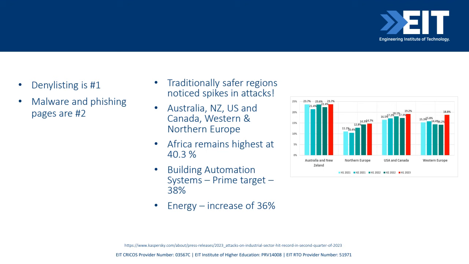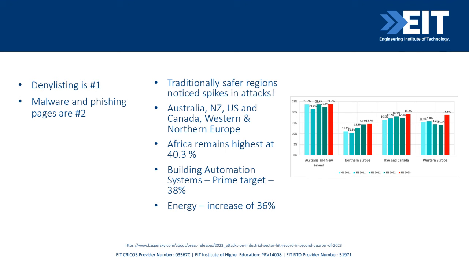like malware, is downloadable. And the other thing was traditionally safer regions, like most of the Western countries, were reported as now being vulnerable. Although Africa still remains the highest victim percentage at 40.3, these countries are also catching up.